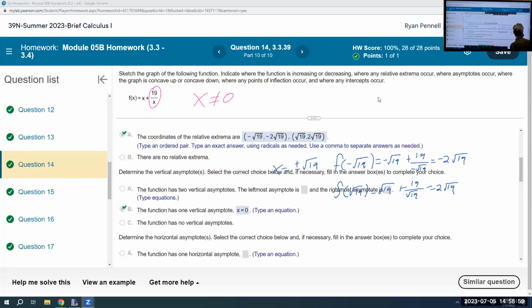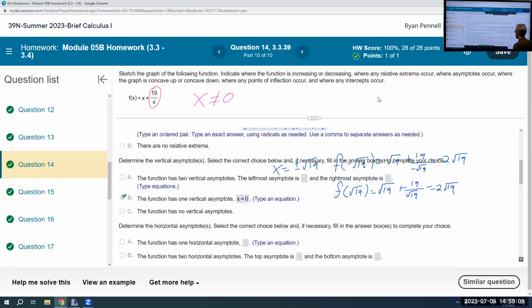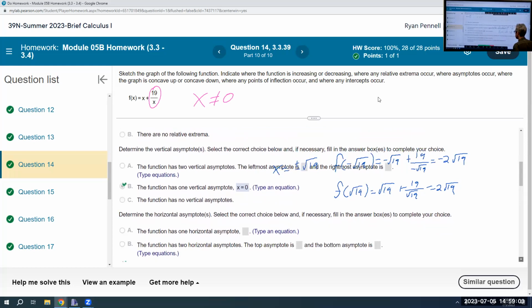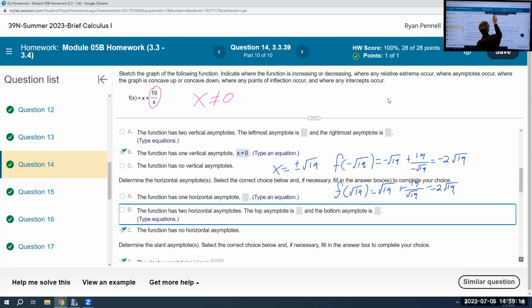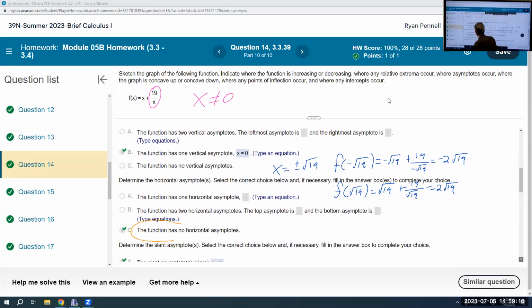Hopefully the next part is horizontal. It does not have a vertical. Saying the wrong thing. It does not have a horizontal asymptote. Why? Why doesn't it have a horizontal asymptote? f of x equals x squared plus 19 over x.